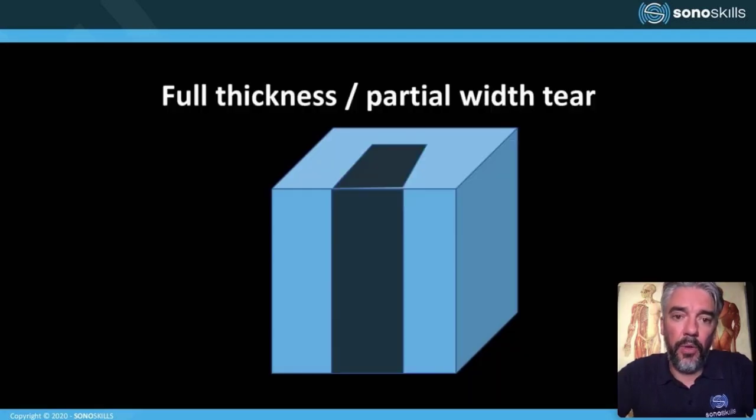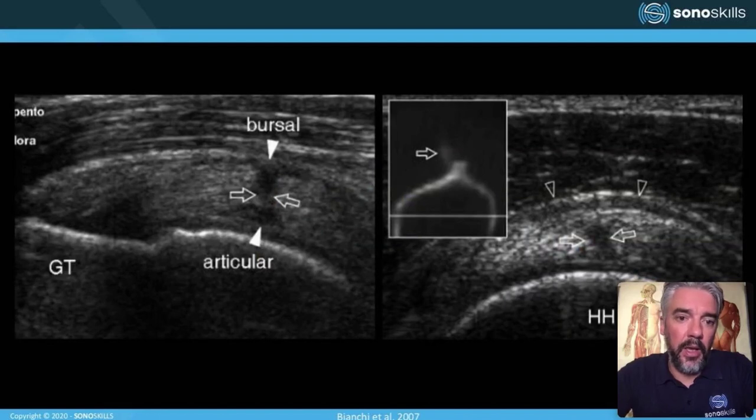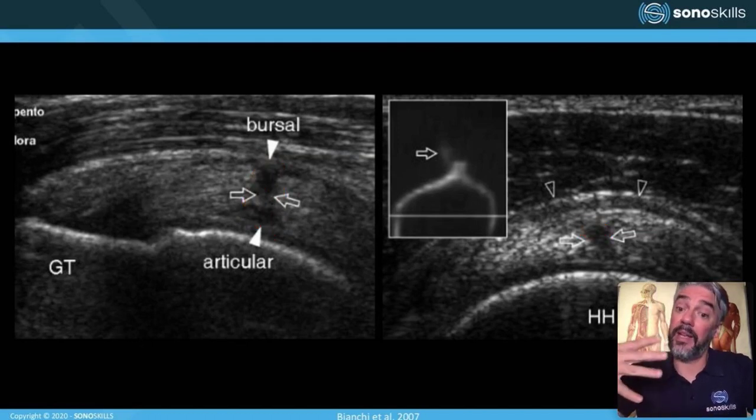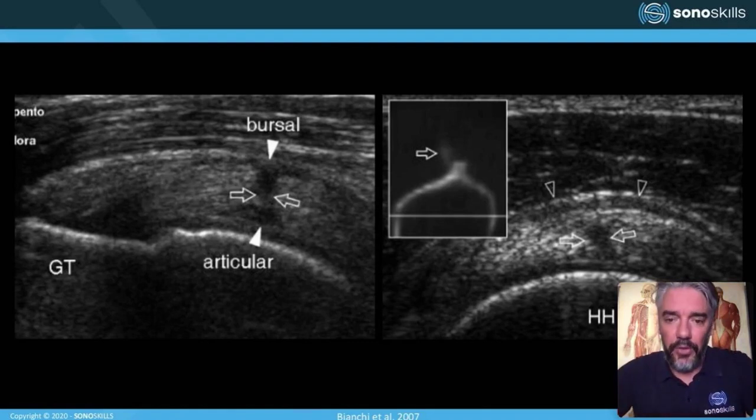So looking at full thickness partial width tearing, we can see in this case that the tendon has been fully torn, but in transverse view, it's only a pinhole, and we can see that the tendon is still intact, and there's, in this case, not so much risk for retraction.